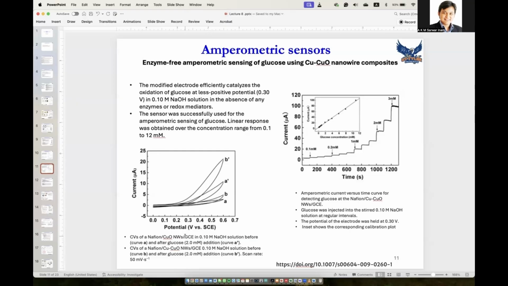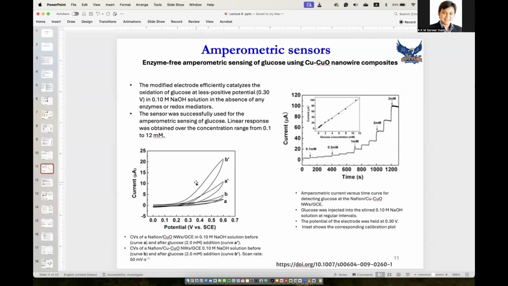So they are using copper oxide nanowires, and on top of it, they are also using Nafion. So what I'm telling you is the electrocatalytic activity of this Nafion copper oxide nanowire electrode towards the oxidation of glucose in an alkaline solution.